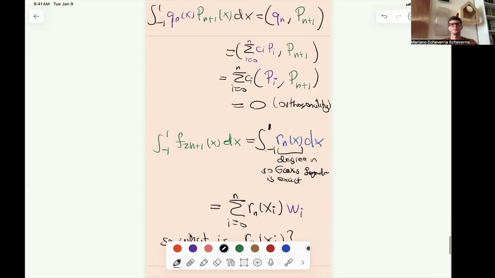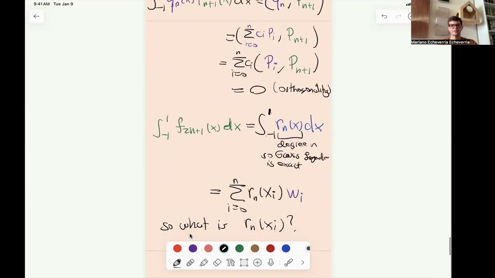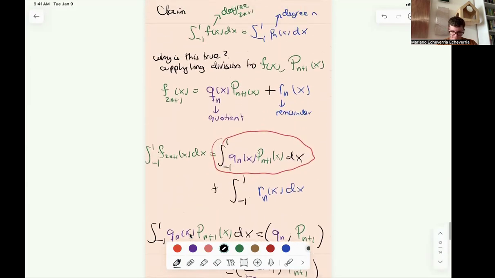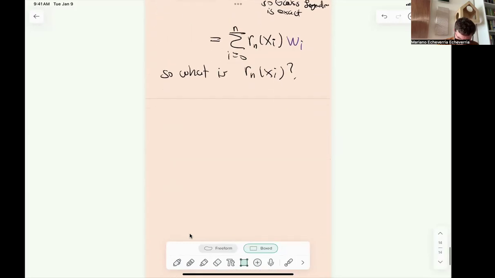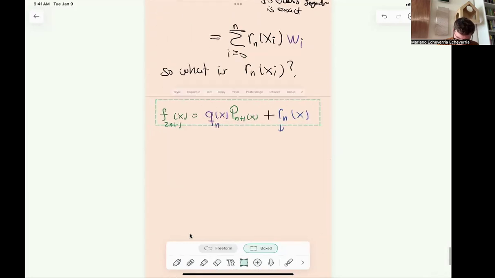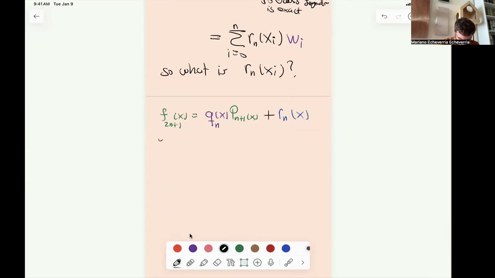And if you go back for a second to the equation that you get from long division, you can evaluate it at x equals x_i.